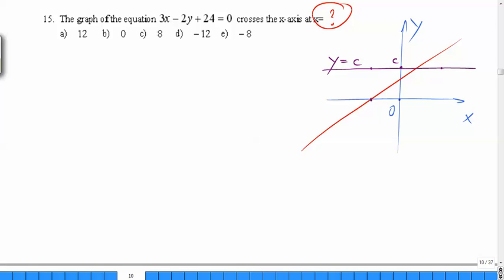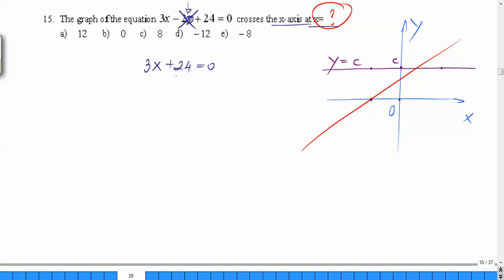And you can start with that, that y has to be 0 when my graph, when my function, intersects the x-axis. So you can make y equals 0, which means this term here disappears. Your equation becomes only 3x plus 24 equals 0. You need to find x.